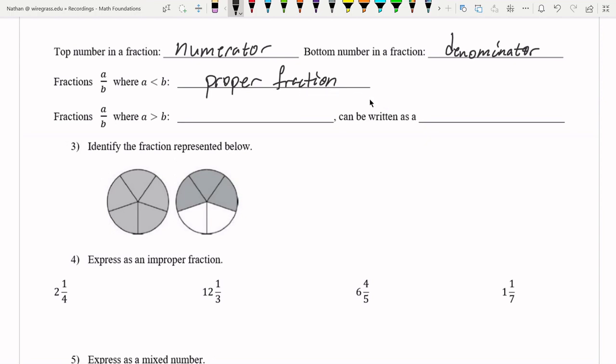Because we're talking about a smaller part of a whole, which is typically what you think of as a part of a whole. However, when a is greater than b, the numerator is bigger than the denominator, we have an improper fraction. And these improper fractions can be written as mixed numbers.